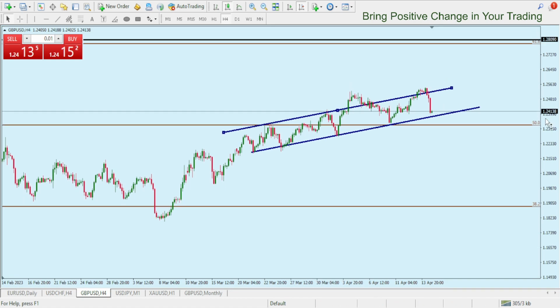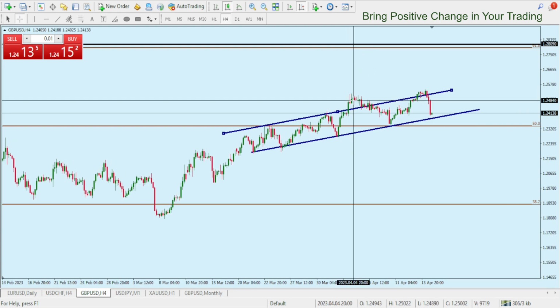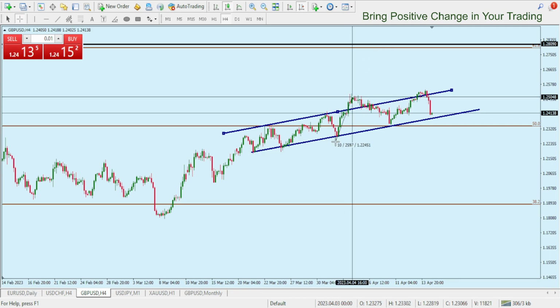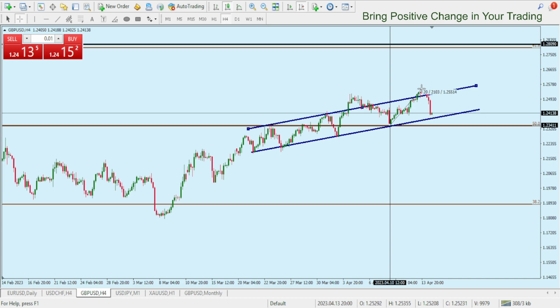Let's say I want to take a trade right here, and my target is around 329 pips. So obviously my stop will be right here, but most people have very tight stop losses, so they are out of the market. When they are out of the market, they push the market further up.